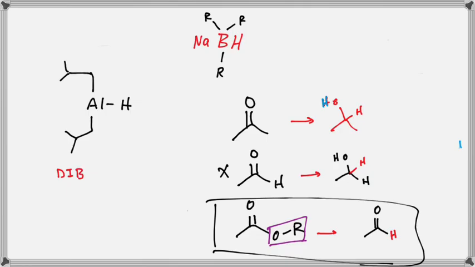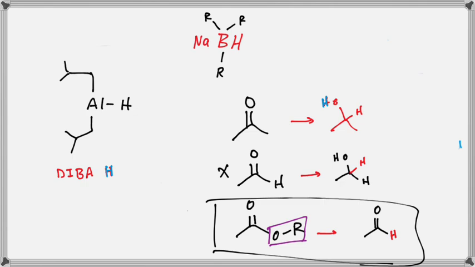Di-isobutyl aluminum, I'm going to leave it like this for a second, hydride. The name sets you up with its chemistry right away as well. It's the hydride nucleophile. Okay? DIBA is what it's being written as within our textbook.